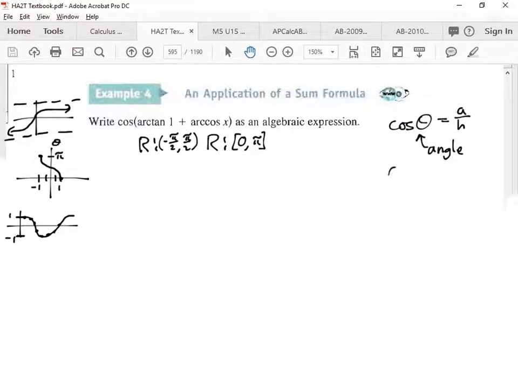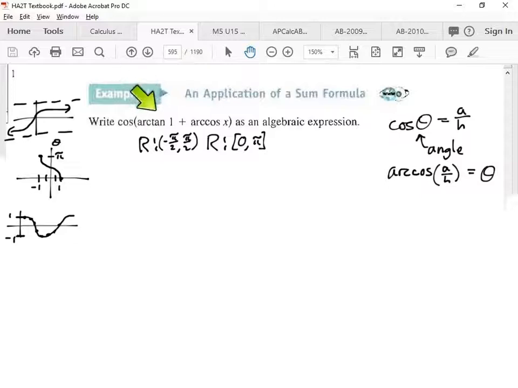But the opposite, arc cosine or cosine inverse, you plug in sides, A divided by H, and then you get an angle. So your result is an angle. These inverse functions are giving us angles, which is what's supposed to be inside of cosine. So our job right now is to figure out what these angles are. And that can be a little difficult.